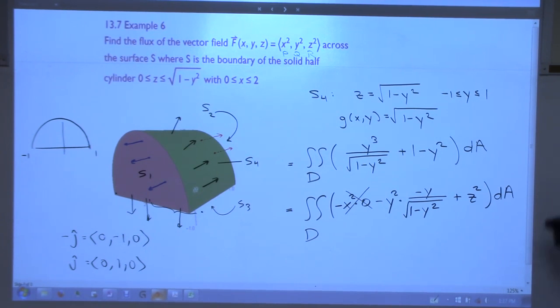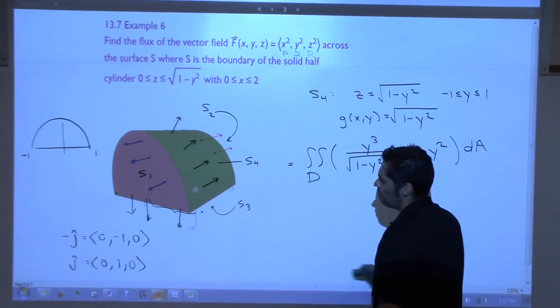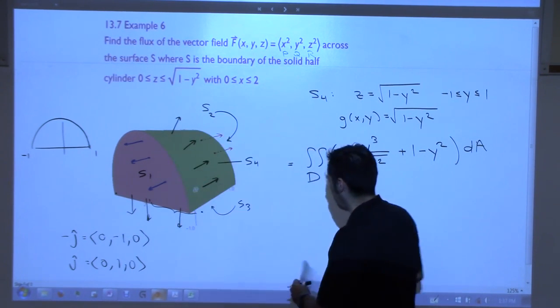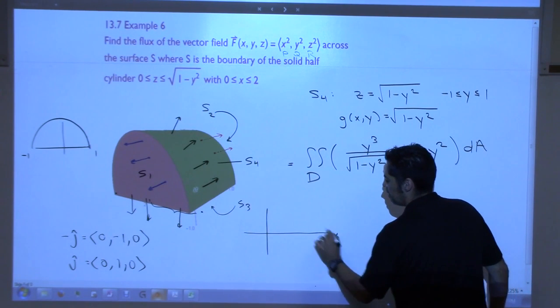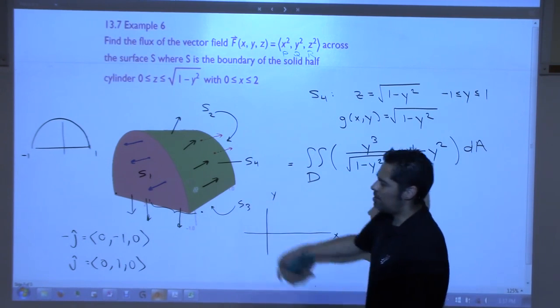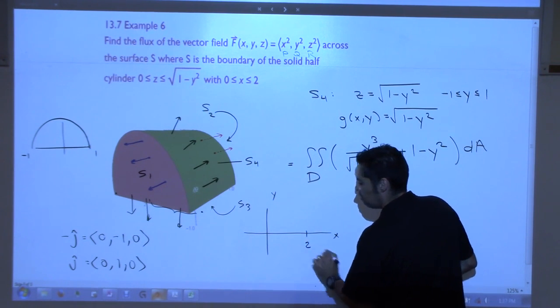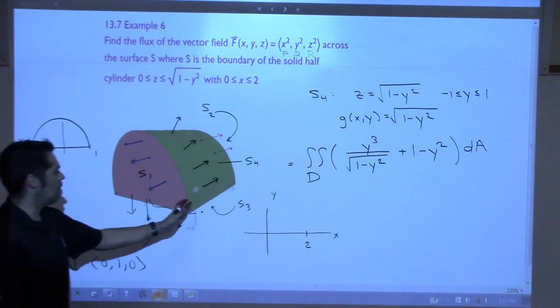I'm ready to go ahead and get my limits of integration. I just want to look at this region on the ground, right? The projection of that green surface onto the ground should create, now just be careful here. This is x, this is y. Remember, x is coming out at you, right? So my x is going to go out to 2. And my y is actually this part left and right.